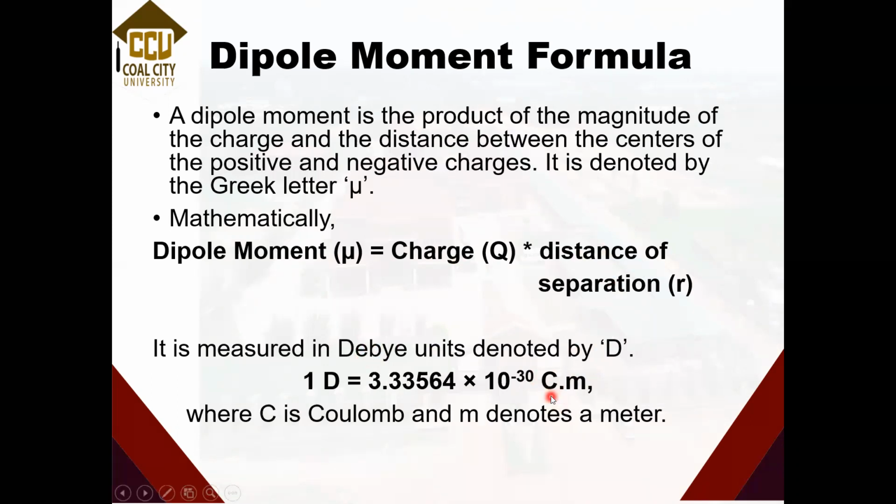So what is the relationship between coulomb meters and Debye? 1 Debye is equal to 3.33564 times 10 to the minus 30 coulomb meter. You don't need to memorize this value. Whenever I give a question to solve, I will definitely provide these values for you. So C is coulombs, and m denotes meter.